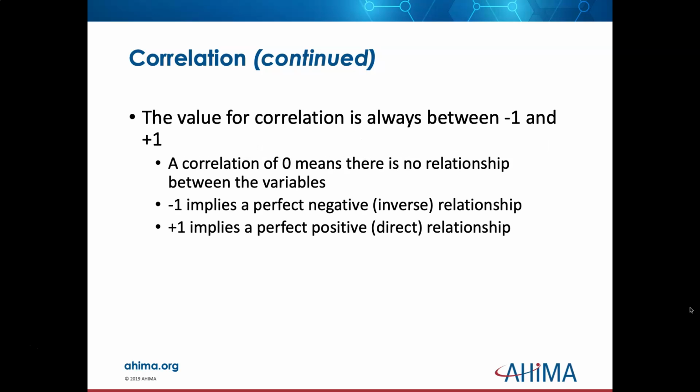So watch out for that. It's going to talk to you about the value for correlation between -1 and +1. If there's a correlation of 0, it means there's no relationship between the variables. If it's -1, obviously it's going to be an inverse relationship. If it's a +1, it's going to be a direct relationship, that they're influencing each other.